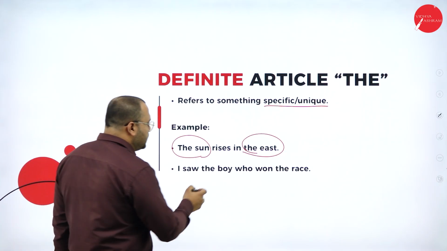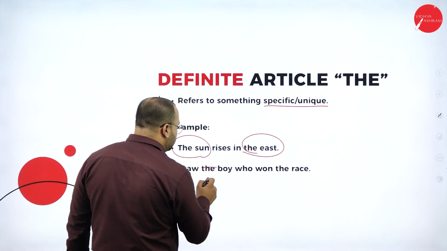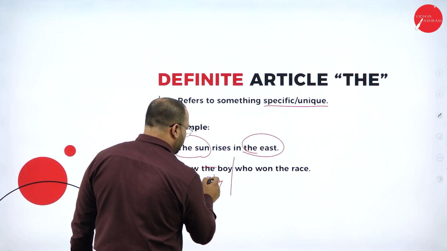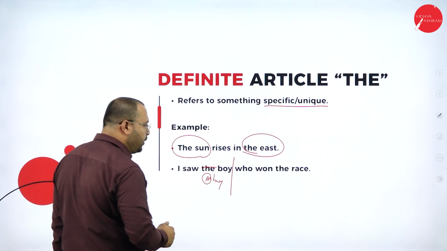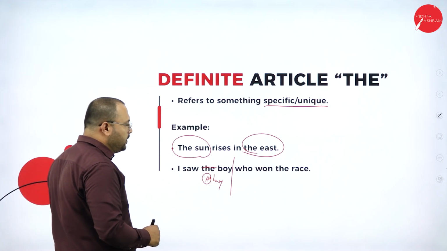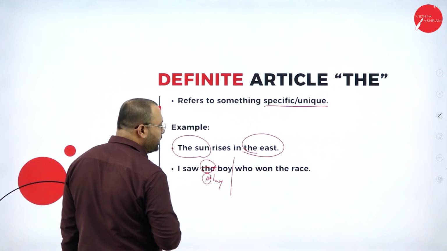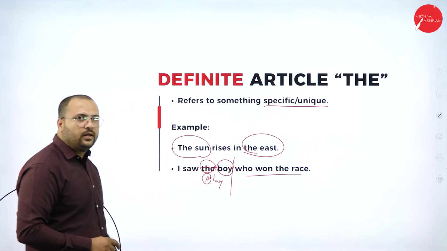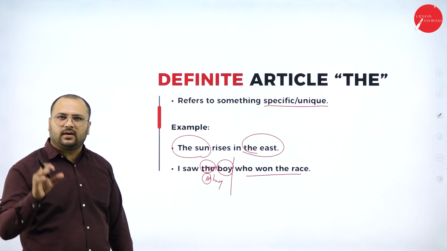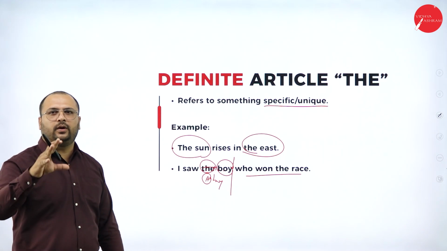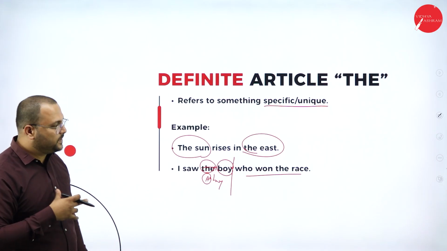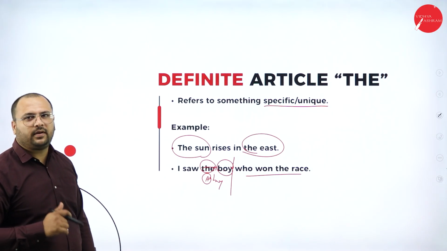I saw, we could write I saw a boy. If the sentence stopped here, then you should use article a, I saw a boy. Now, why are we using article the here? Because we are talking about this boy who won the race. There was a race, and in that race, a boy won. Now we know that boy who won the race. Now we are definite. We are specific about this particular thing.